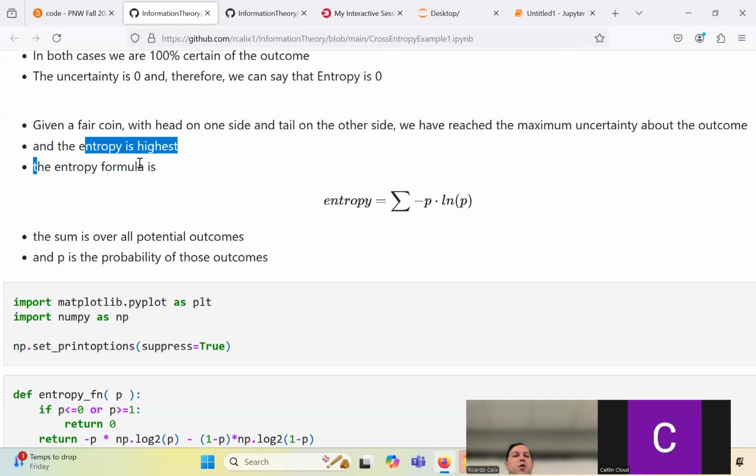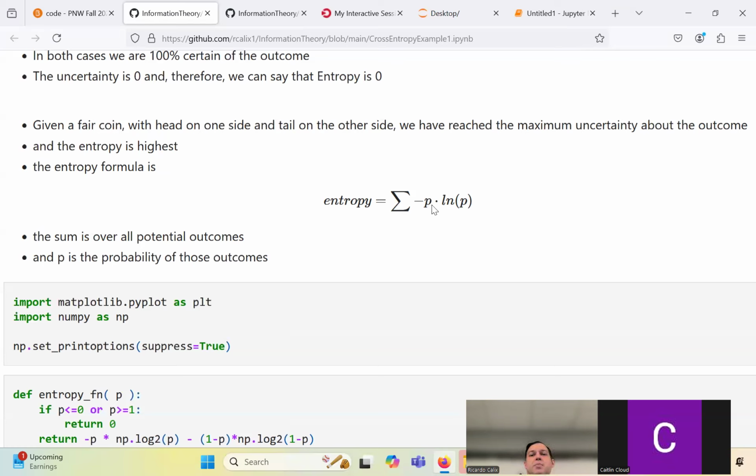So the entropy formula is, and you can see that here, basically the sum of this, right? Let's just think of the binary example for right now. We have two probabilities, tail and head, so 0.50 and 0.50. The P designates that probability.